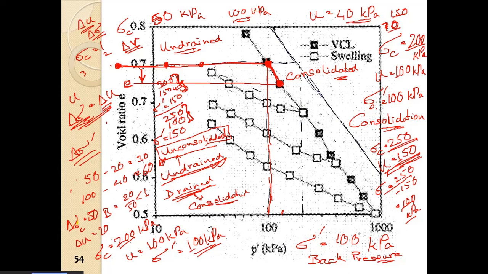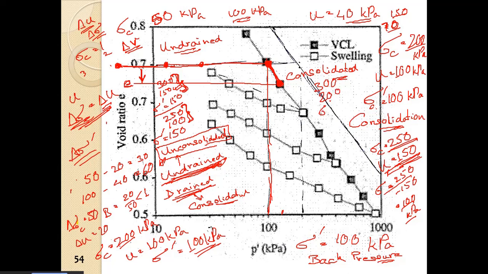So if we allow drainage in the sample, the void ratio will reduce, the volume of the sample will reduce, and there will be consolidation. But as long as we do not allow any drainage, suppose from 250 we increase up to 300, we will see that the pore water pressure also increases to 200.